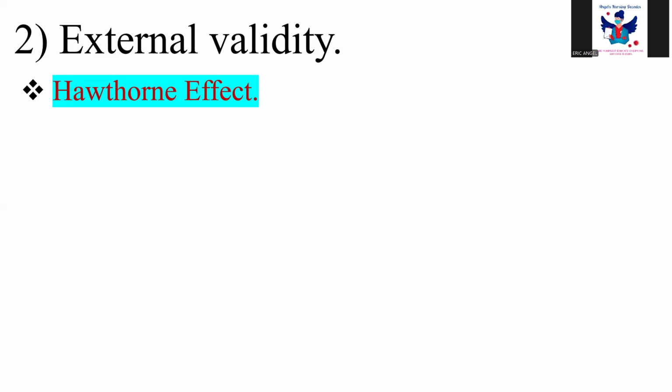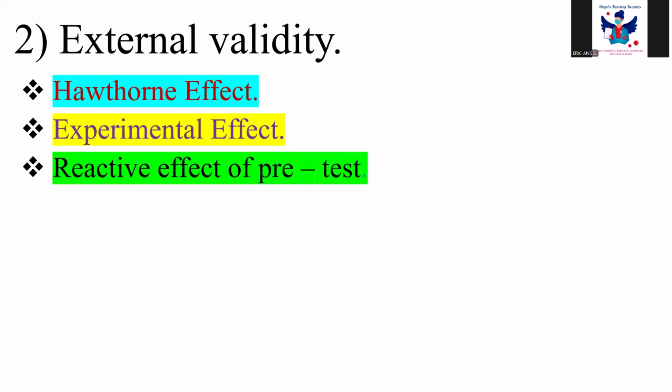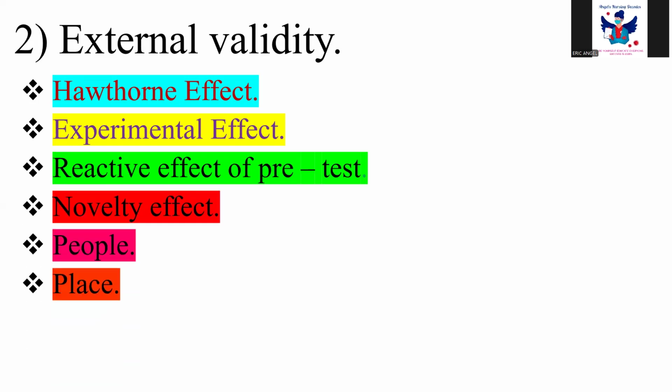The factors that may affect external validity are Hawthorne effect, experimental effect, reactive effect of pretest, novelty effect, people, place, and time.